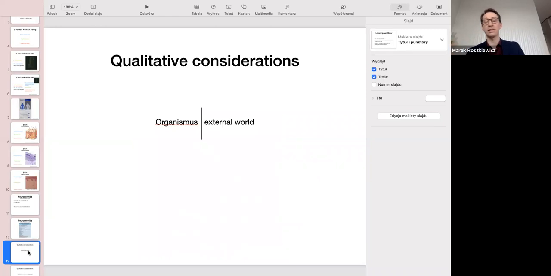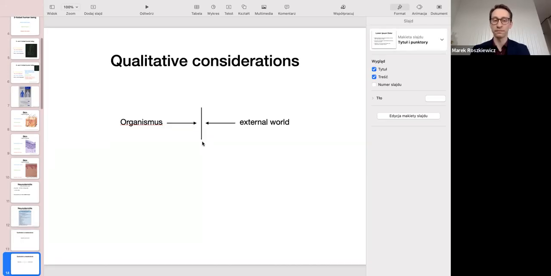And a bit of qualitative considerations, how you can understand atopic dermatitis, is that the organism is, I would say, more or less a closed entity within itself. And the other pole is, of course, the external world. And this line here may represent the skin, but not only the skin, also mucous membranes and so on. So where the organism is meeting the external world.